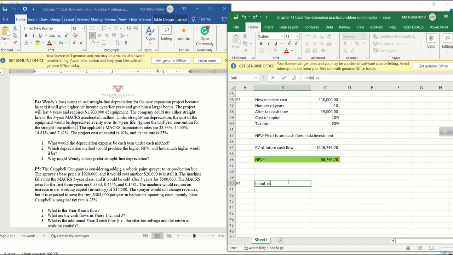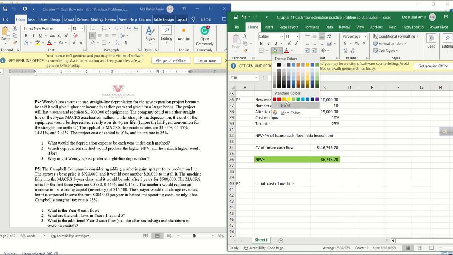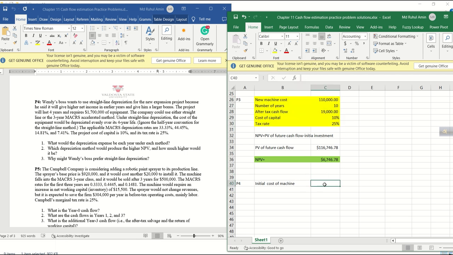Initial cost of the machine, and you need to change this number from the previous problem. Cost of the machine is 1.7 million, and then set the timeline: 0, 1, 2, 3, 4.